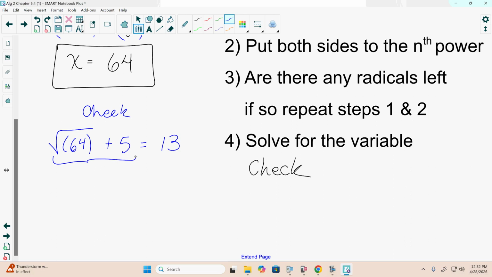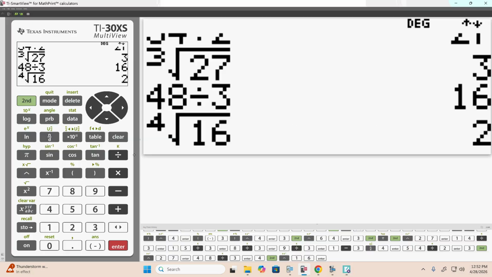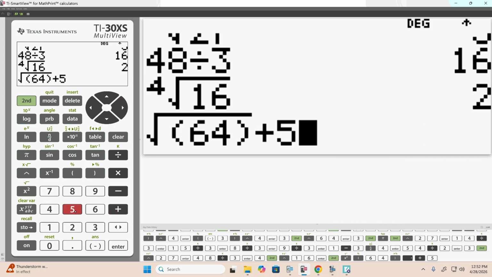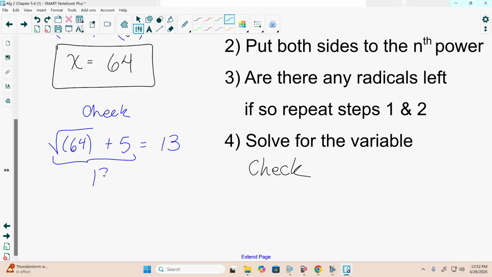And really at this point here, we can plug that whole thing in. The square root of 64 plus 5 is 13. 13 is equal to 13. We're good. Part of the reason we need to check is because of what's inside that radical. We can't take the even root of a negative number. So we've got to make sure we don't have that.